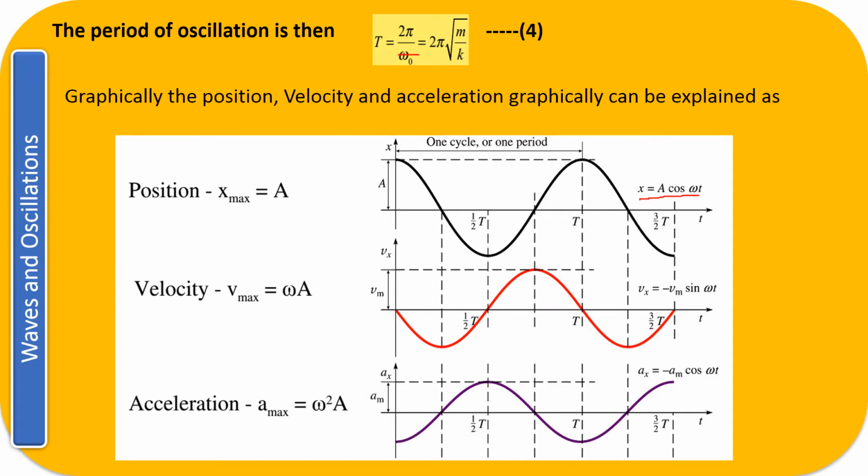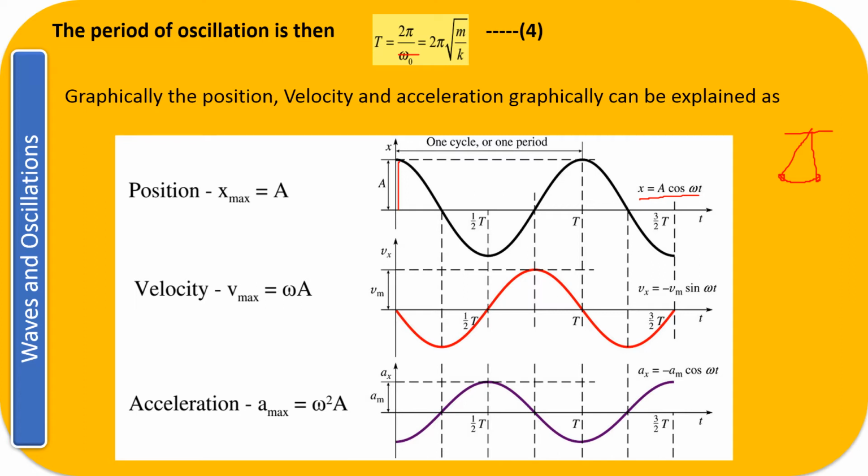At t equal to 0, it has a particular amplitude a, just before releasing the object. Let us suppose in SHM you have a simple pendulum with a bob, and you have taken a particular position. Just before releasing, this is your amplitude, which I am going to represent by a, and that is your position.